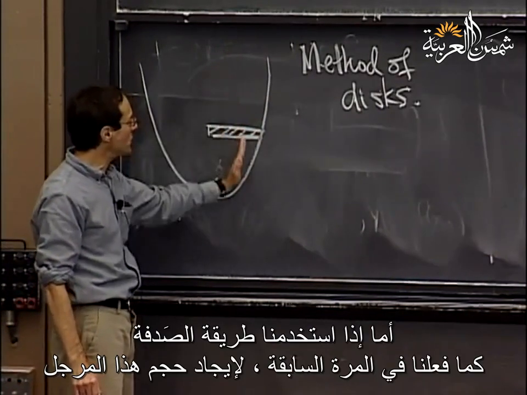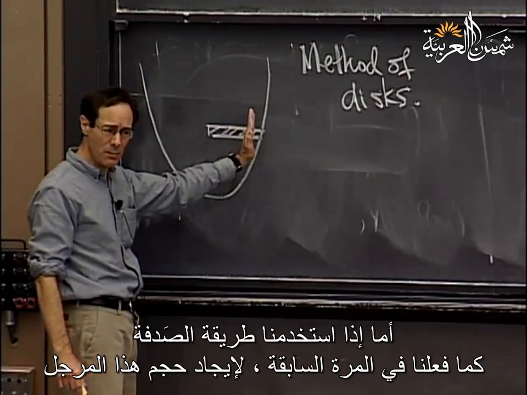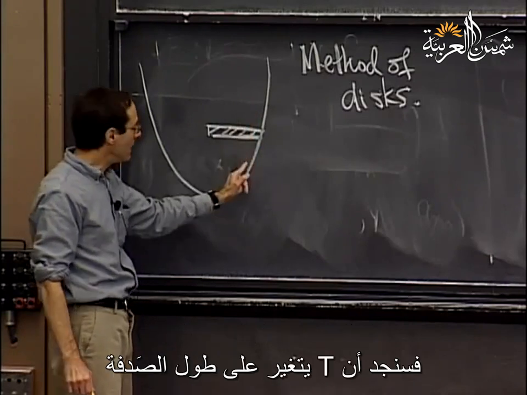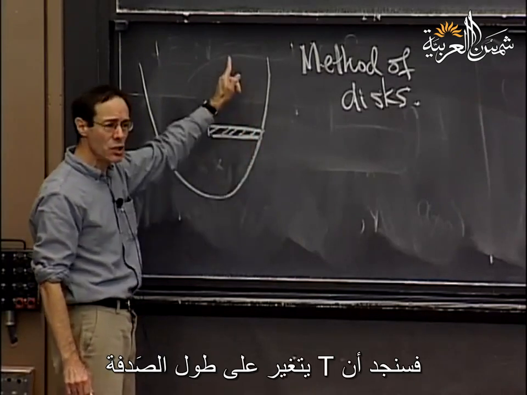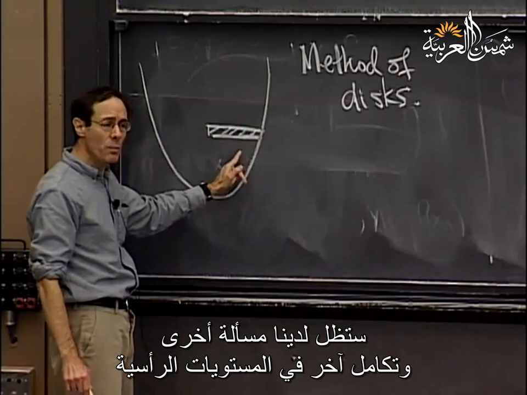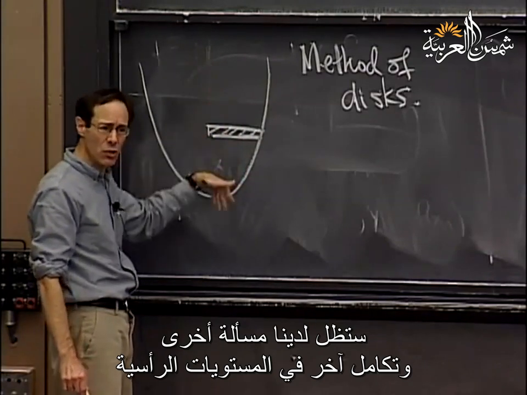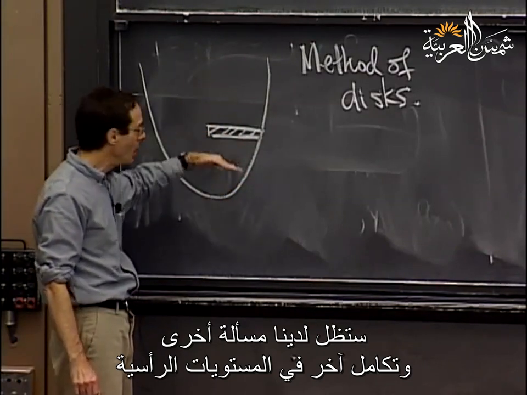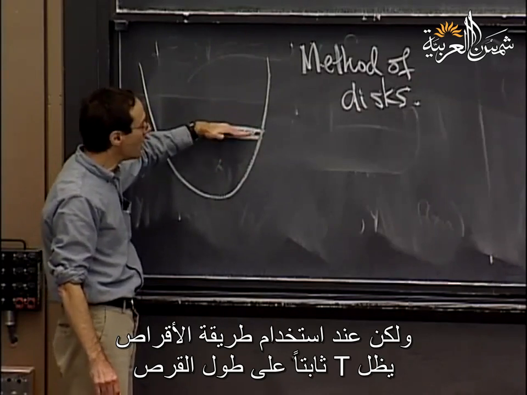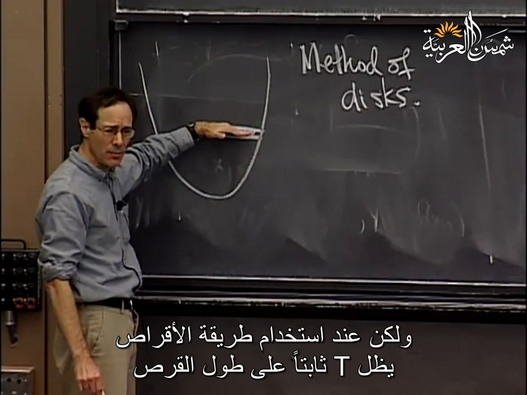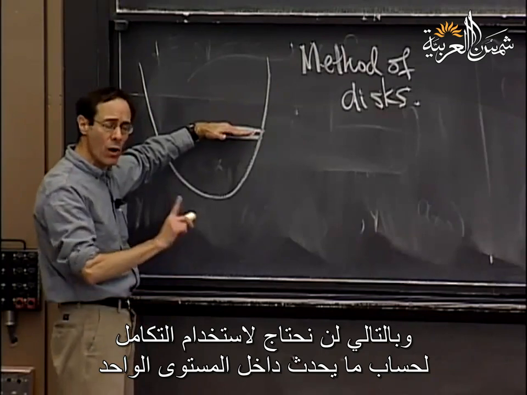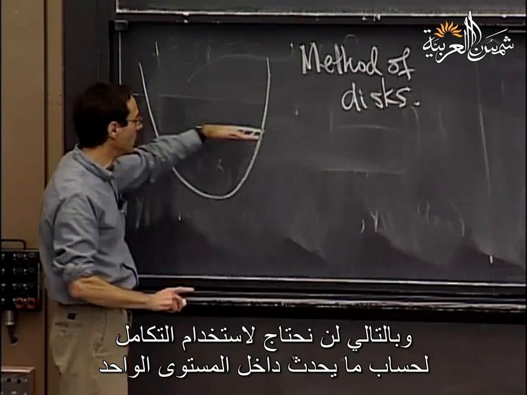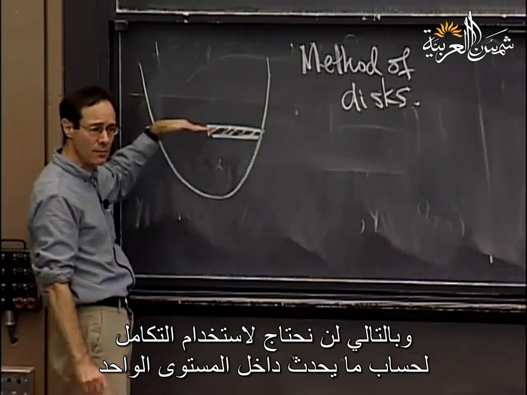If we set things up with shells, as we did last time to compute the volume, then T will vary along the shell. And we'll still have an averaging problem, an integral problem along the vertical portion. But if we do it this way, T is constant on this whole level here. And so there's no more calculus involved in calculating the contribution of any given level.